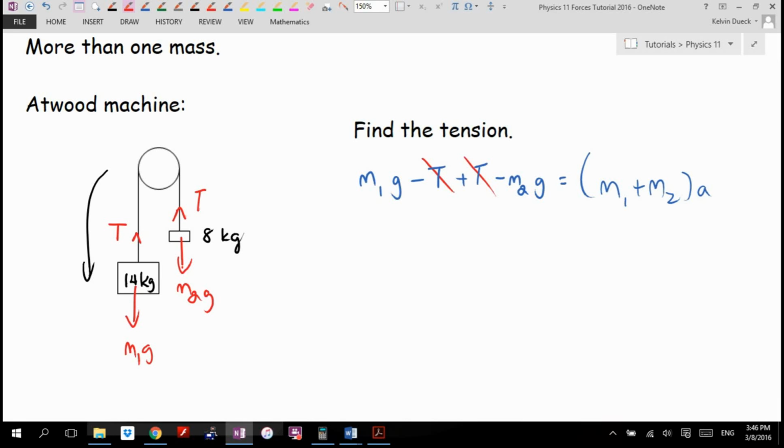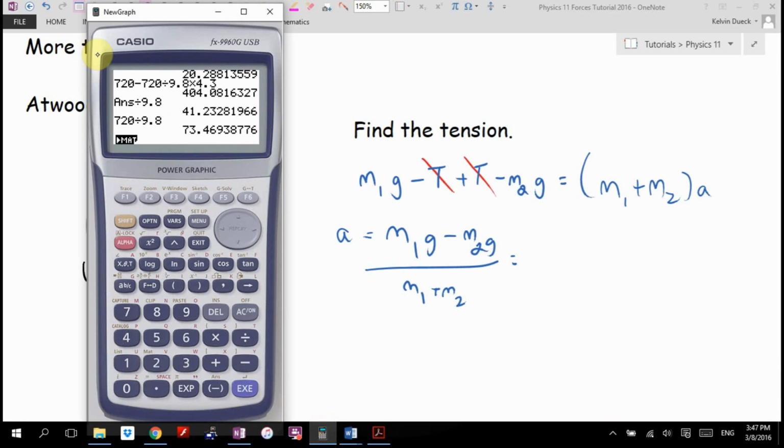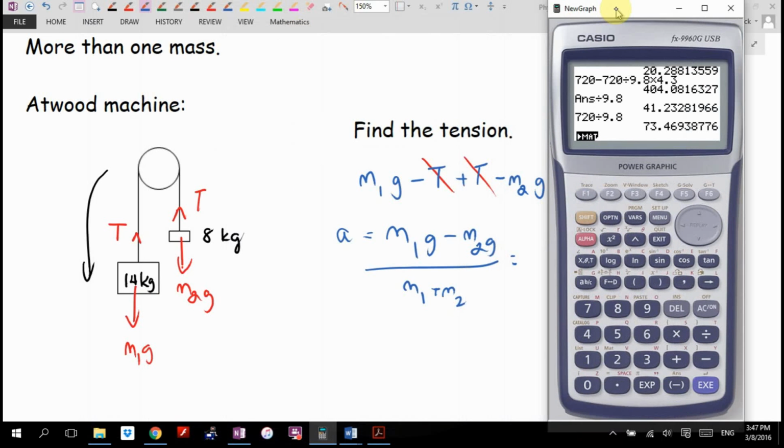I feel great. Renzo, how would I get the A by itself? So it's going to be M1G minus M2G divided by M1 plus M2. Again, normally I would write out all these numbers. Sage, this is a great opportunity for us to practice with our calculators. Let's get them out. Renzo, is this a fraction?